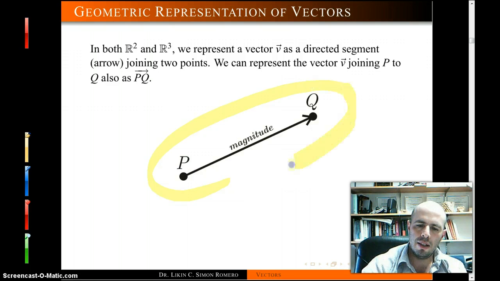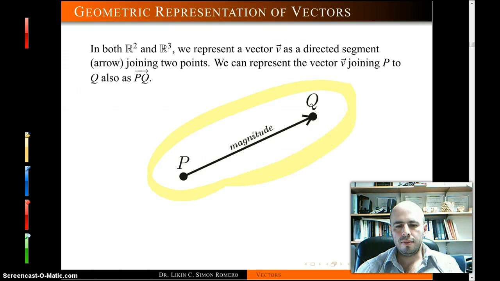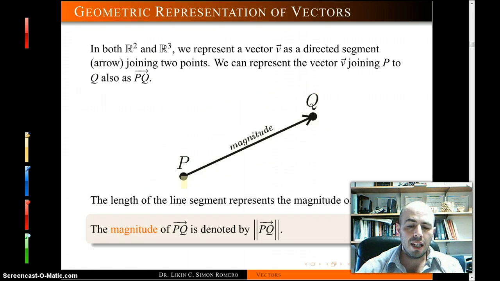The length of the line segment represents the magnitude of PQ. So this length over here represents its magnitude. And the magnitude of PQ is denoted by double bars, ||PQ||. We use double bars to distinguish from absolute values for numbers.